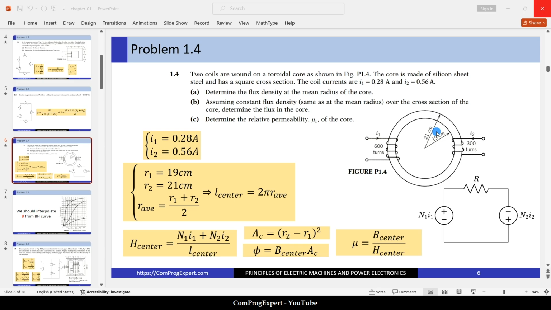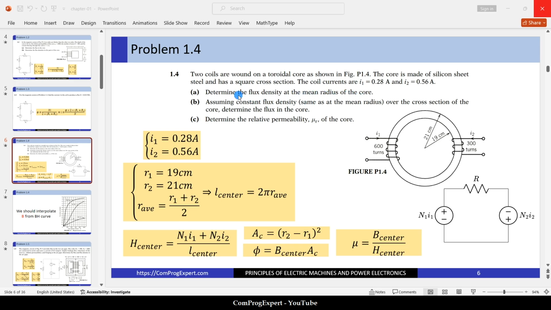The coil currents are I1 is 0.28 ampere and I2 is 0.56 ampere. A. Determine the flux density at the mean radius of the core.